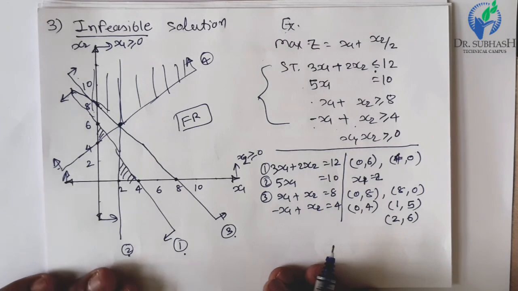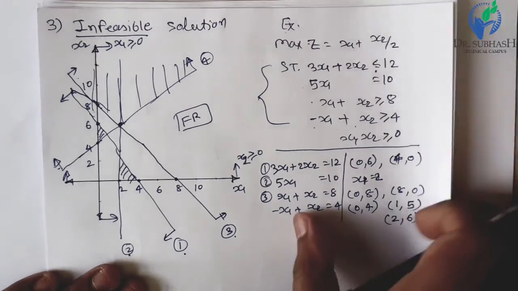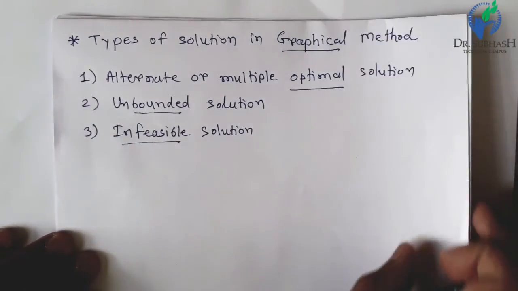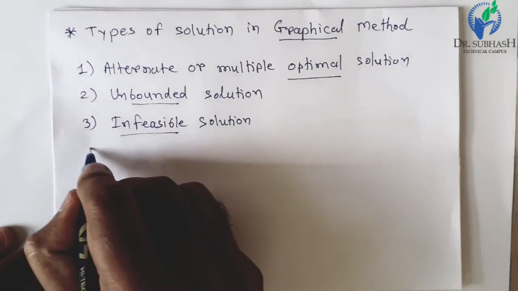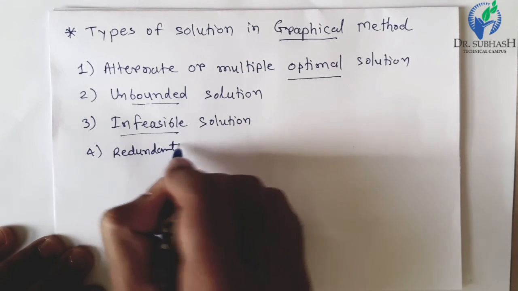And the last thing you may sometimes face, which we forgot to mention here, is redundancy, or the redundant constraint.